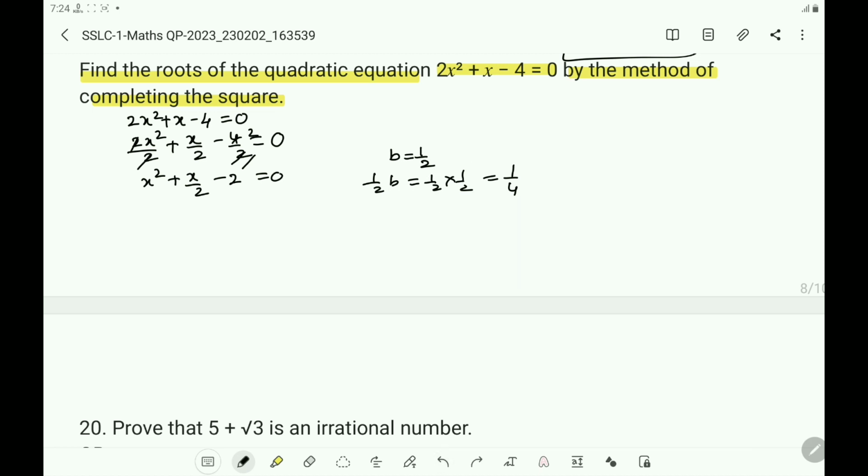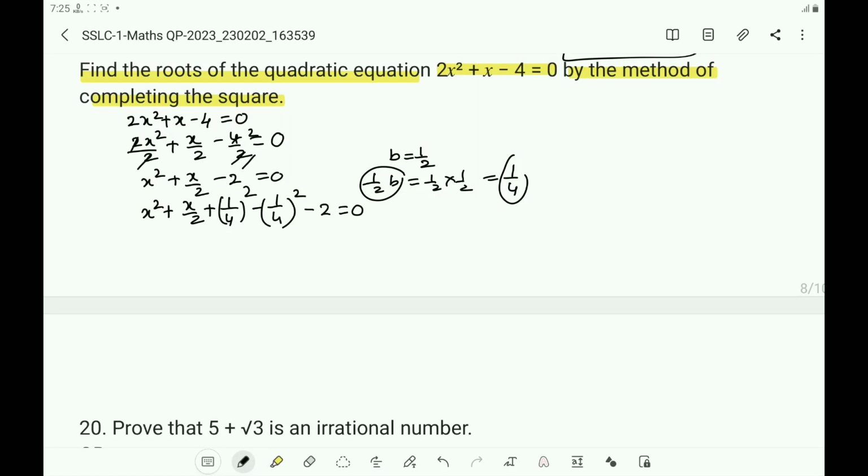Here you got the square of half b. That is x square plus x by 2 plus 1 by 4 whole square, minus 1 by 4 whole square, and you write minus 2 as it is, minus 2 equals 0.